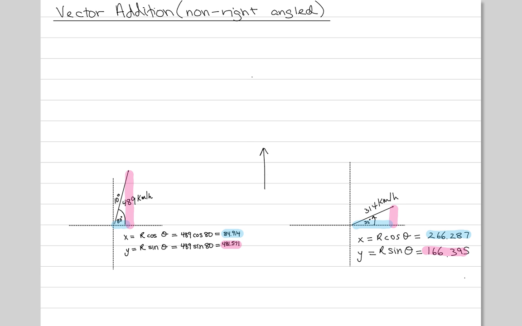So now we're going to add the vectors. And of course, when you add vectors, you have to add piecewise. The x dimension goes with the x dimension, and the y dimension goes with the y dimension. The one thing about this question is the sign's not going to matter. Why? Look at the blue.